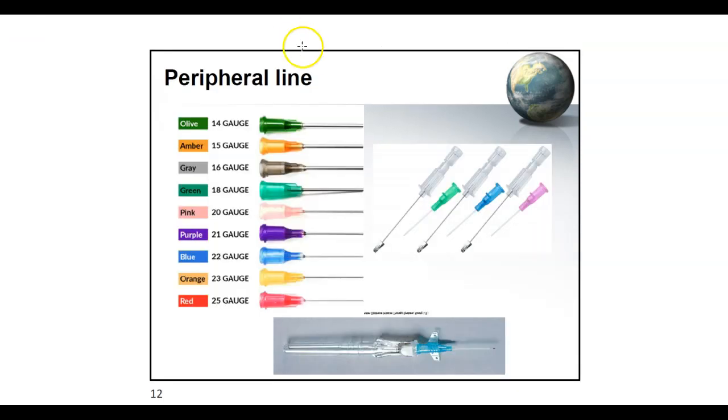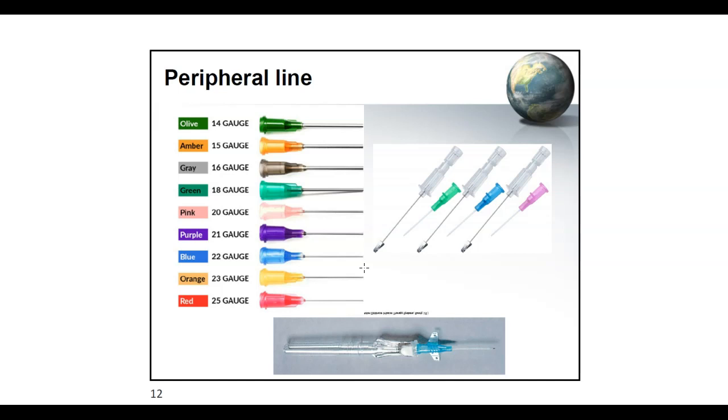So for peripheral lines, you will have to insert a needle and then introduce a catheter and then remove that needle. Anyway, it comes in different sizes and usually it's color coded depending on the manufacturer, but pretty much here in town it's pretty standard. Same color means usually the same size.